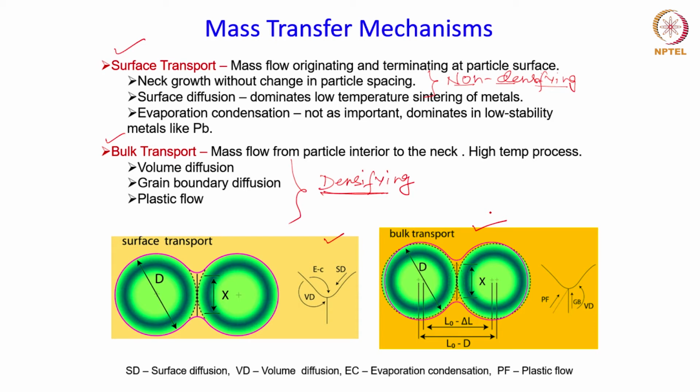One is the surface transport process, which basically falls into this non-densifying category. Here, as we have seen, you have surface diffusion, evaporation, condensation, and also lattice diffusion or volume diffusion that happens from the surface of the particles towards the neck. Okay.